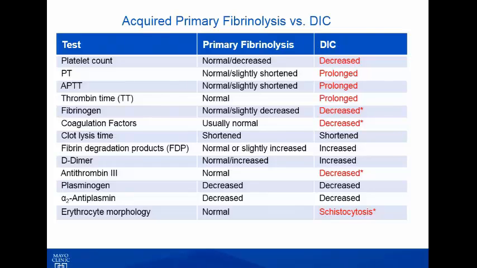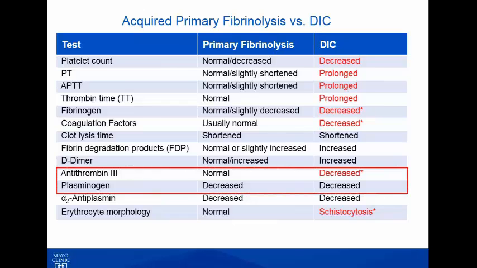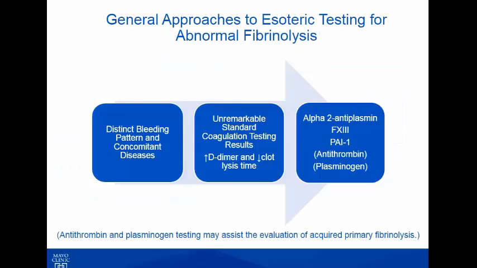And then sometimes when we're at the reference lab setting, we're trying to differentiate these two. Sometimes we felt that a quick look at the antithrombin and the plasminogen level can give us a hint which direction it might be going. So this could be potentially useful.